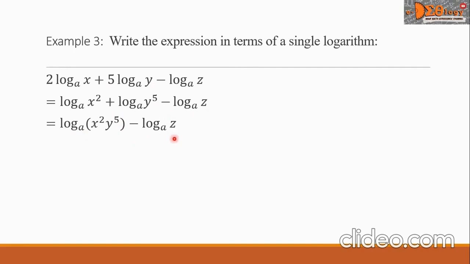To simplify further, this negative sign denotes division, so we will put the 2 logs as a quotient. So we have the log of the fraction: x squared y raised to 5 as the numerator, divided by z, which becomes the denominator, and this is to base a. This is now our final answer.